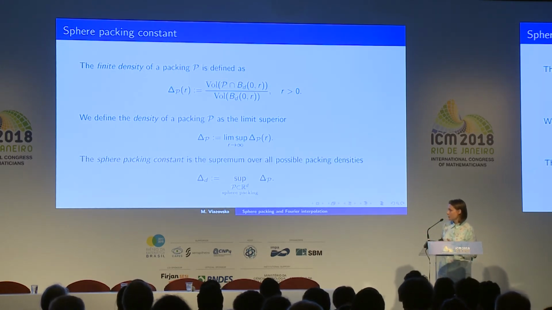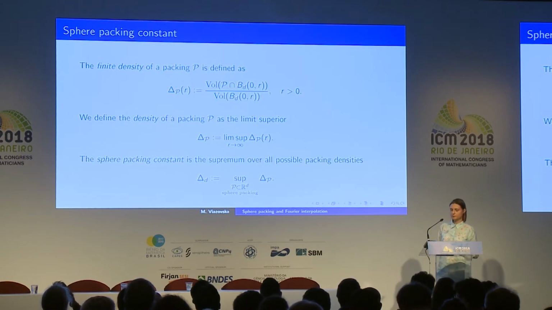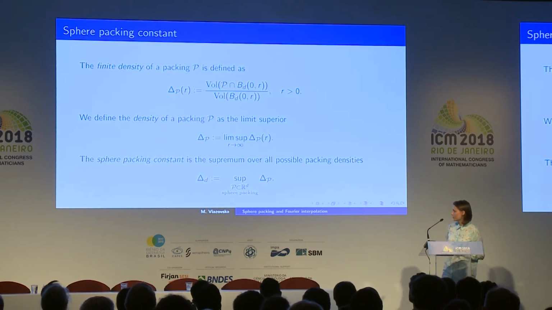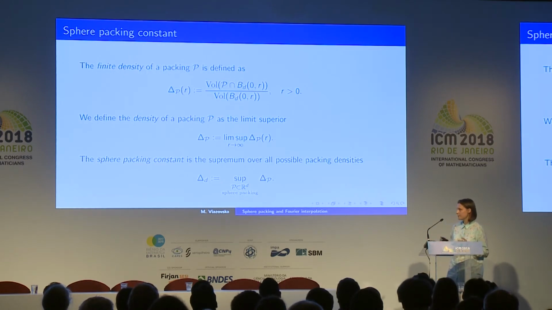Now that we have defined density for one packing, we would like to find a configuration with a density which is as big as possible. For each dimension this number would be different, and we call this number the packing constant. This is the constant which we would like to compute for as many dimensions as we can, and say something for all of them.